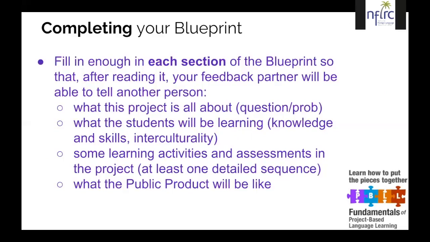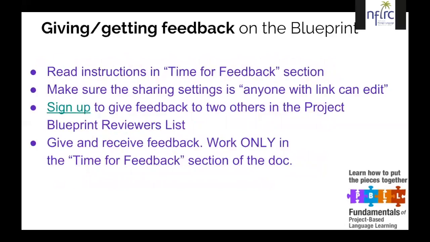And the next step is to review someone's project blueprint and receive feedback from another person, another 2 persons, sorry. So the steps are, as Ross mentioned, you will see instructions in the time for feedback section, and make sure your share setting is set to anyone with a link can edit, and then sign up to give feedback to 2 others in the project blueprint reviewer list, and give and receive feedback.